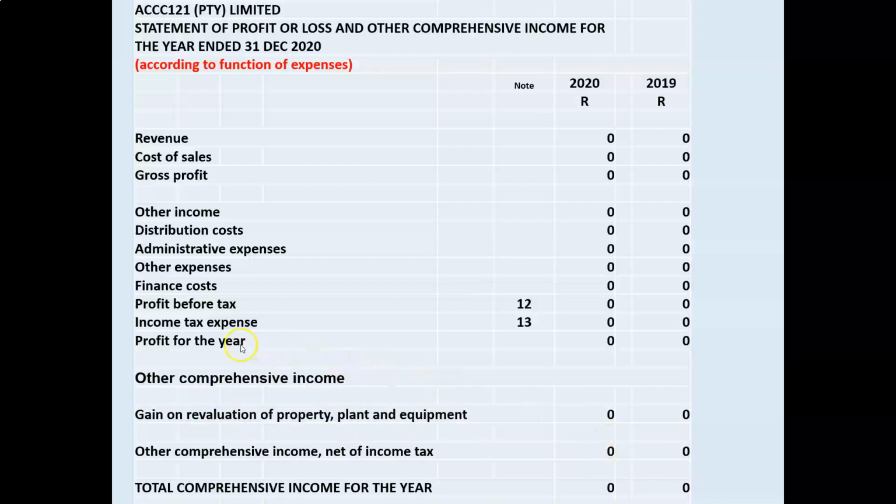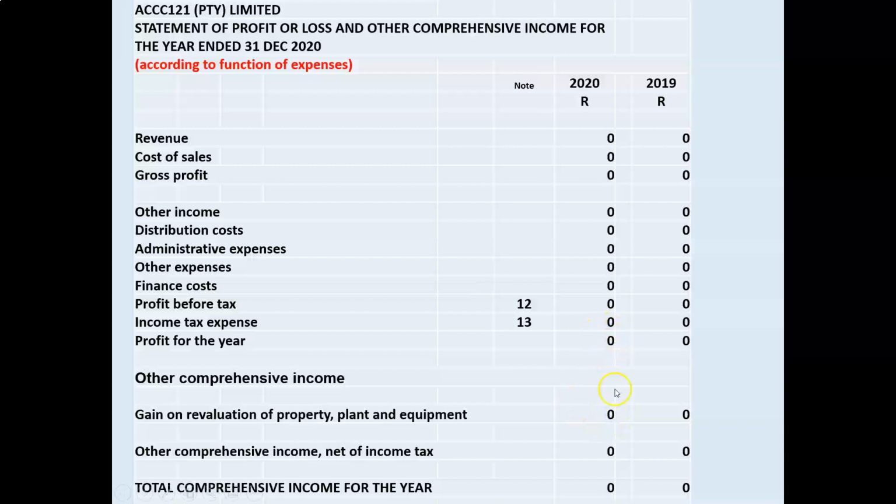You will see when we record our profit for the year from the income statement in the statement of changes in equity, the profit for the year after tax will be added to our retained earnings. But our other comprehensive income, if it's a revaluation reserve, will be a separate class of equity called revaluation reserve, and that will be recorded there.